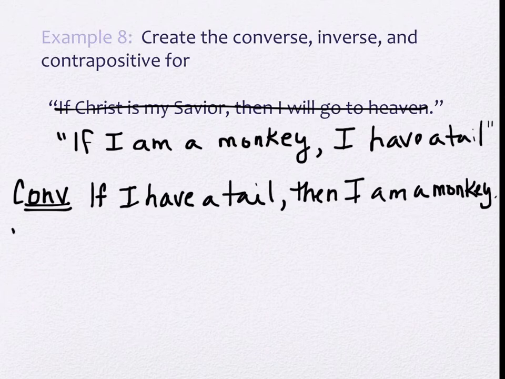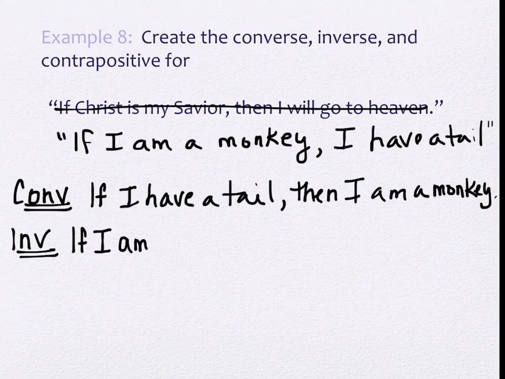Okay, the second one was inverse. So what do we do for inverse? We negate both of them, but we keep the order, right? So it will say if I am what? Not a monkey.